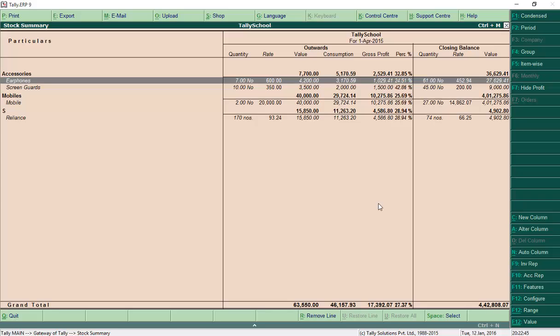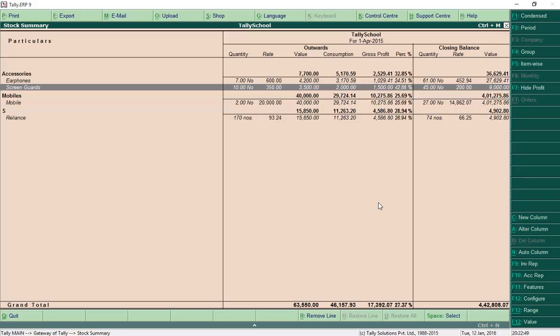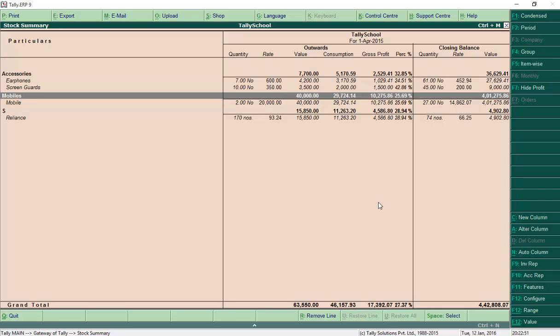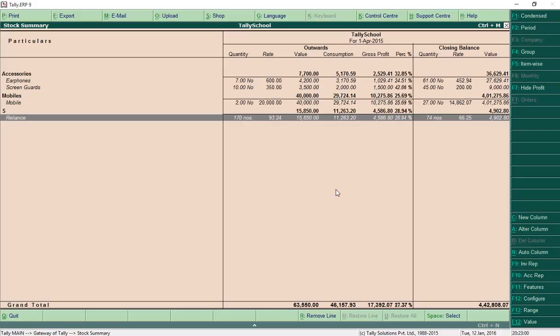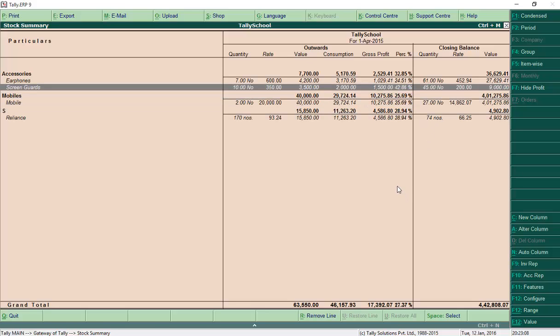So you may think of lowering the sales of earphones and increasing the sales of screen guards. Mobile has 25.69%, a much higher percentage than earphones. And this is the share of Reliance, which you can see at 28.94% profit. So you can take business decisions based on this data.